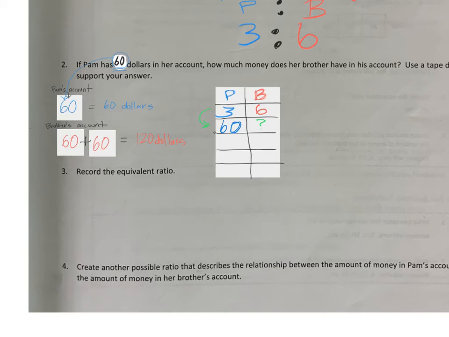You're going to have to figure out, is it division or multiplication? You can do this different ways, and I'm going to go over those different ways so that you can use whatever one works for you the best.